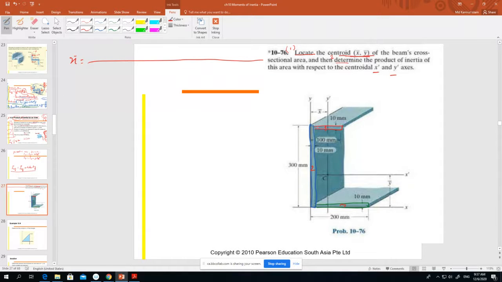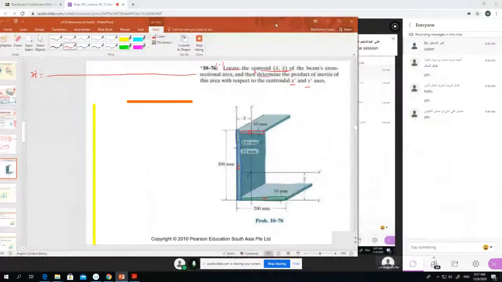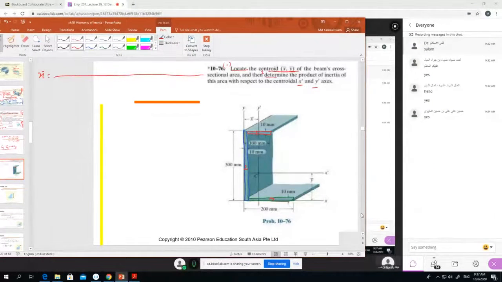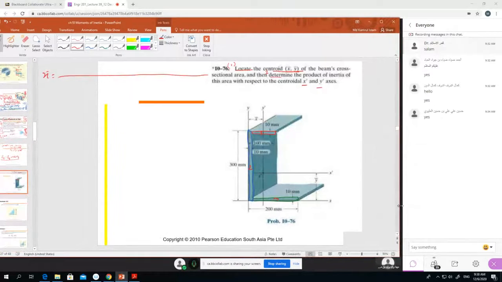So first we do section 1. What is the dimension for section 1? Can you tell me, someone please? Can you see the screen clearly? Can you tell me please? What is the dimension for section 1? Tell me.